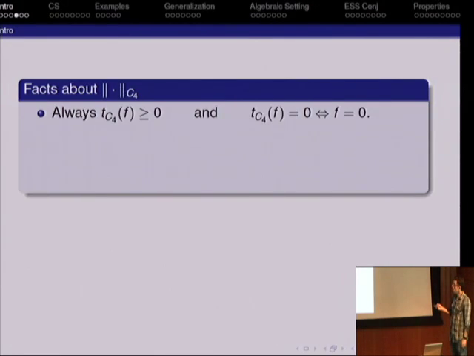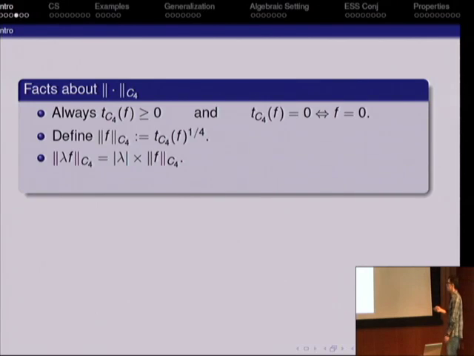Now that we know it's non-negative, we can take its fourth root. It's going to give us a non-negative number. I'll denote it by this C4 norm of F. There's a reason that I'm using this notation. It has some properties. One is that it's homogeneous with respect to scaling. If I multiply F by any scalar lambda, I can just take it out with its absolute value.